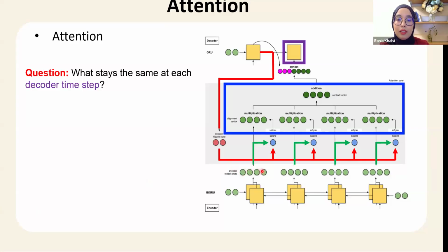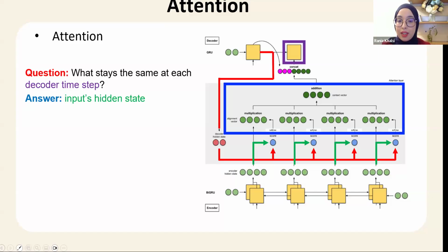Here, what is not updated is the input hidden state, because at the start we embed and encode the input, and that remains unchanged. The input has a representation, and this is the input hidden state.